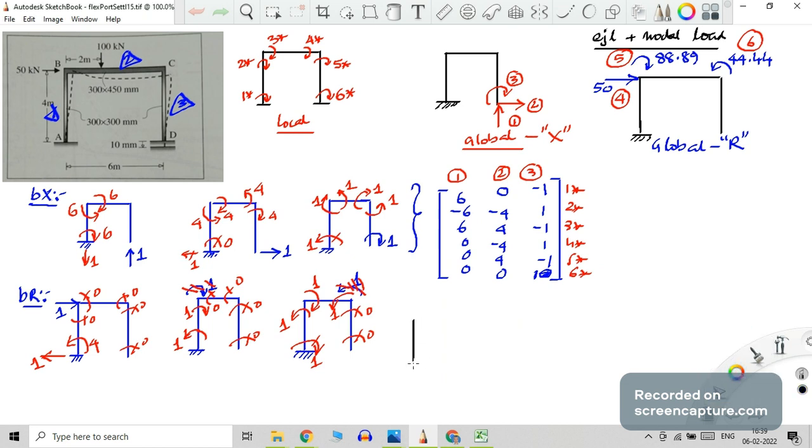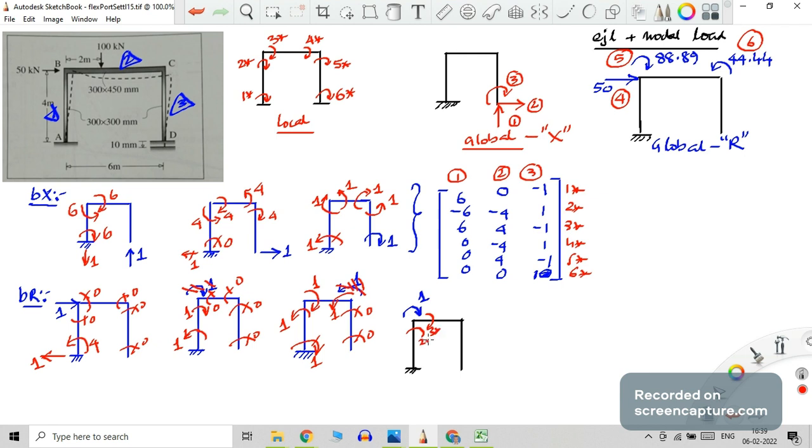This is the free body diagram corresponding to column number 5. This is the primary structure, and for column 5, you need to apply coordinate 5. Coordinate 5 is applied with a unit moment here. What happens is students have a doubt: how should this be distributed among 3 star and 2 star?